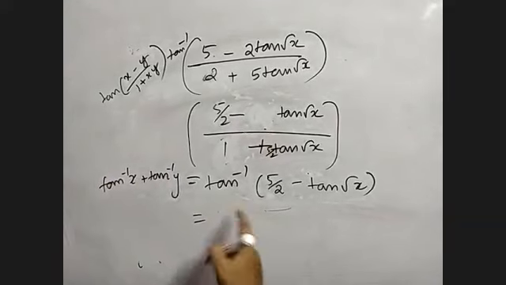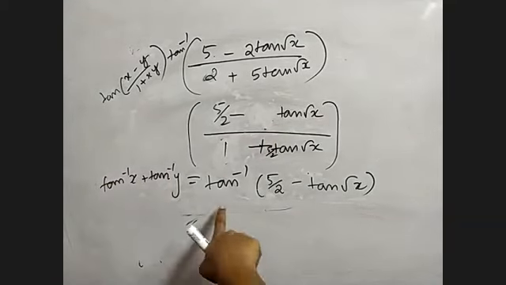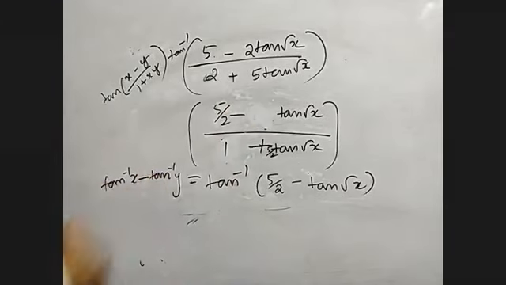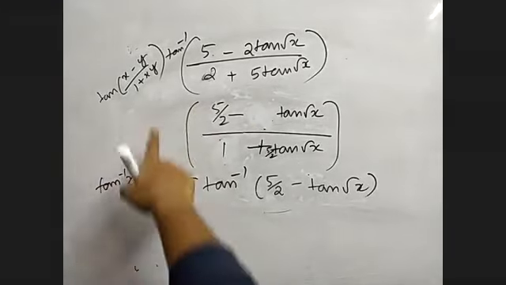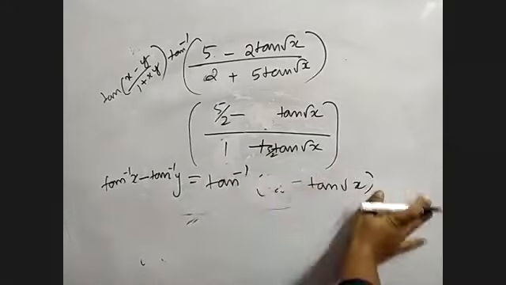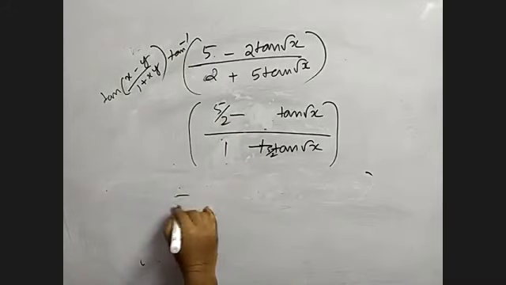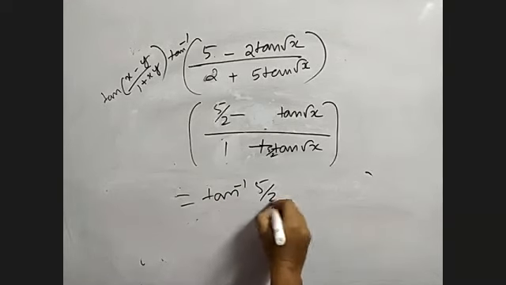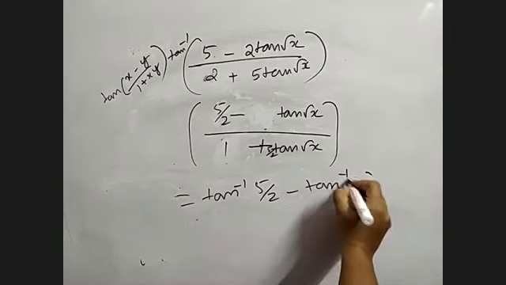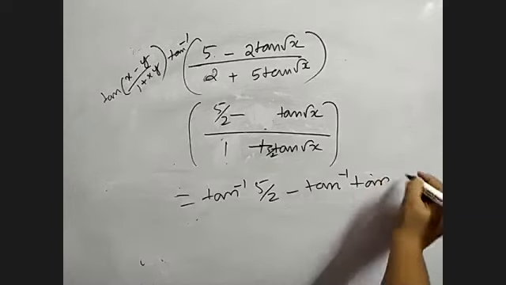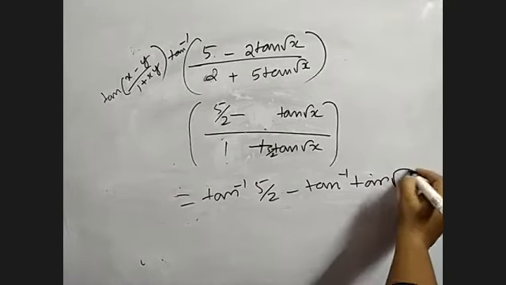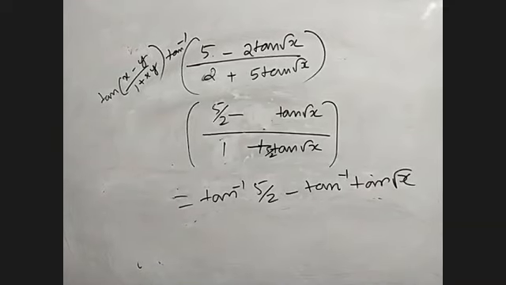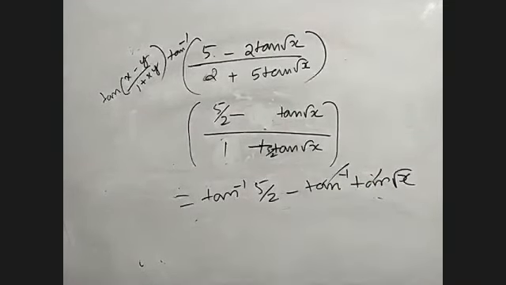Tan inverse x minus tan inverse y is tan inverse of x minus y by, okay. So tan inverse 5 by 2 minus tan inverse, I had mixed up the formula. Okay, then it works. This tan and tan will go.